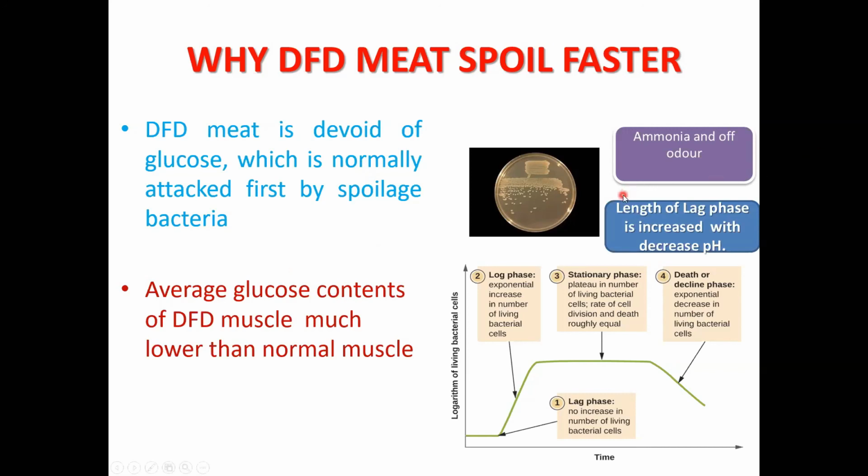Here, since the glycogen content is less in the case of DFT meat, the bacteria will start attacking the amino acids of the protein, and the lag phase will be short. In the lag phase, they will not multiply, but here the log phase will be faster. Naturally, the rate of spoilage will be faster in the case of DFT meat.